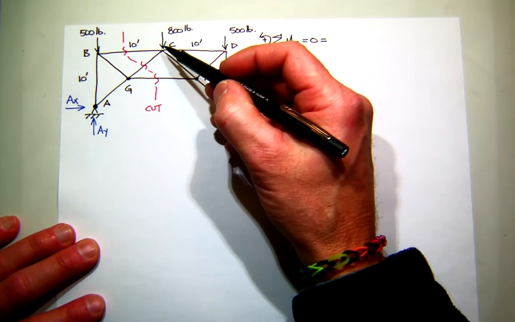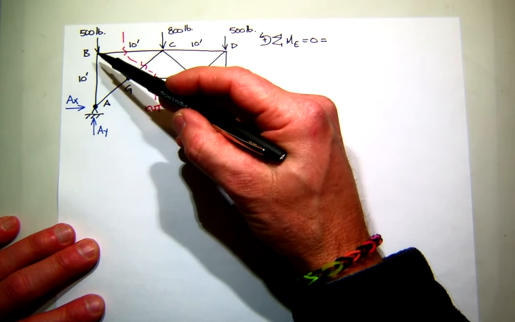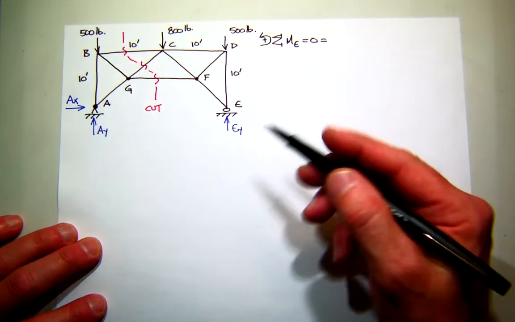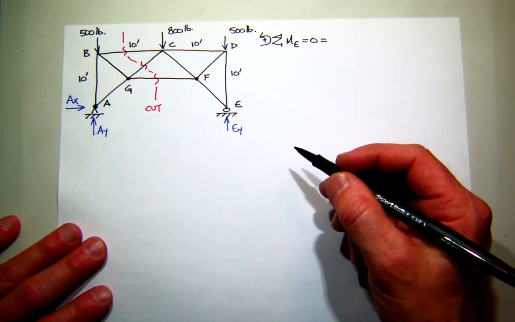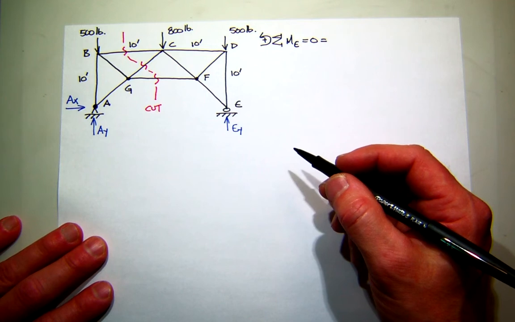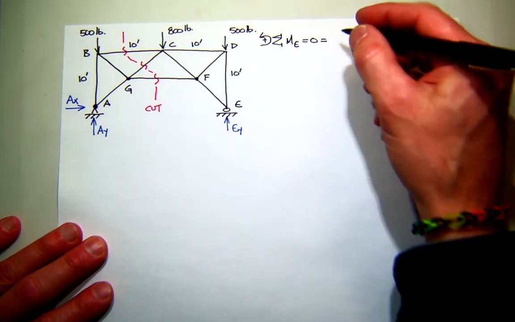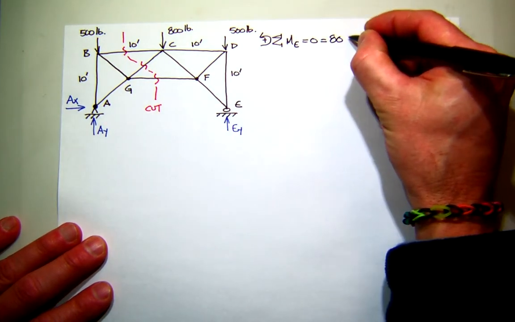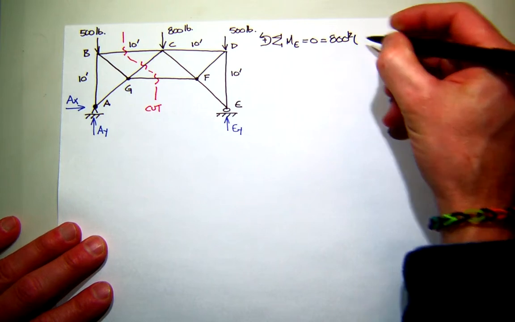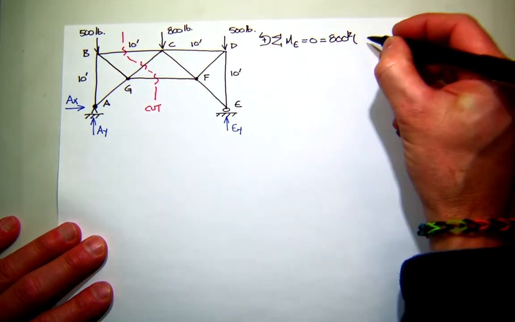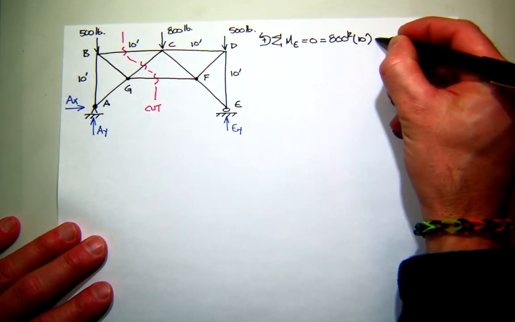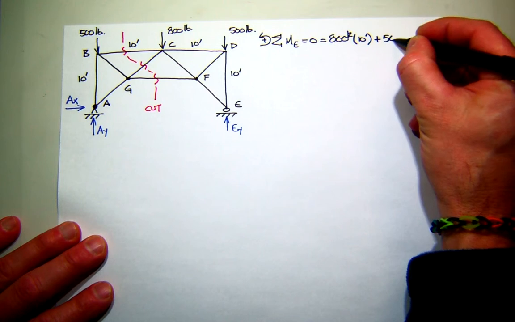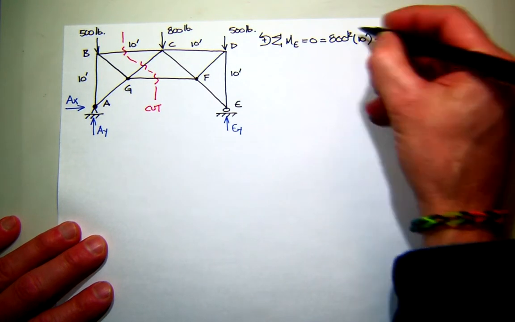But I'll have a moment created by the 800 and the 500-pound force, and they're both going to be what? Positive or negative? About E, with right-hand rule. Positive. So I'll start with the first one, 800 kips. Its moment arm is this horizontal distance, 10 feet. Plus 500. I said kips, but it's actually pounds. Sorry about that.